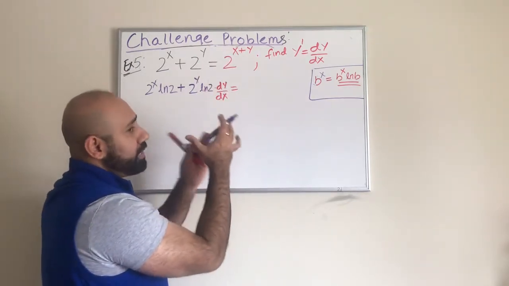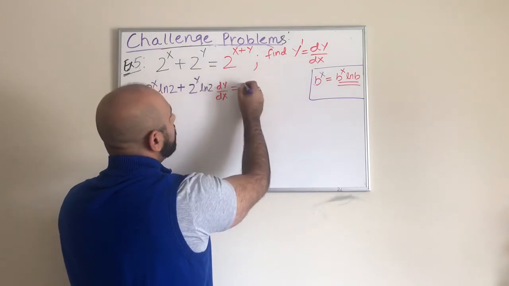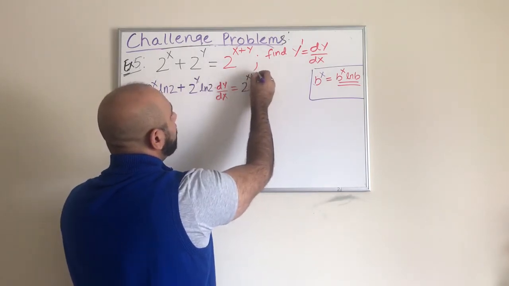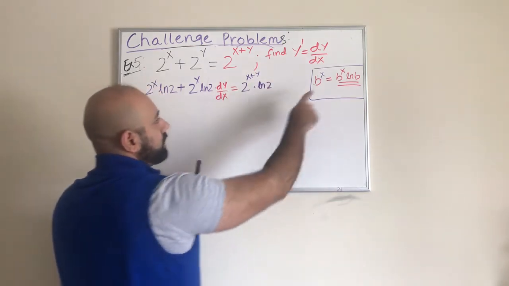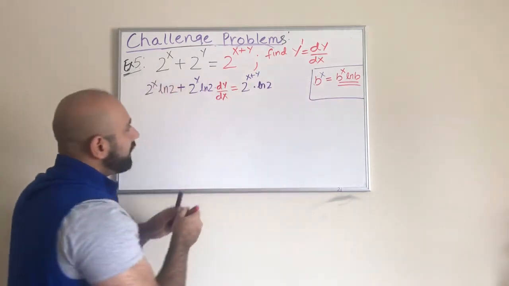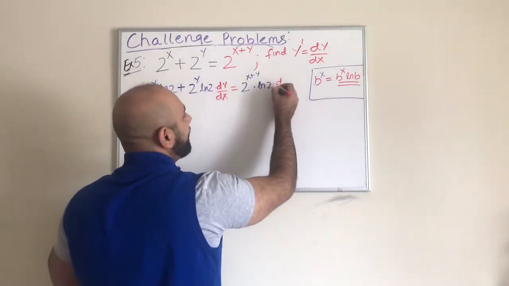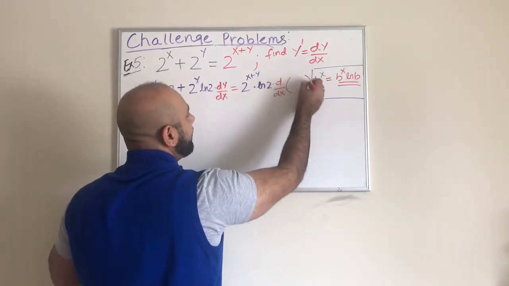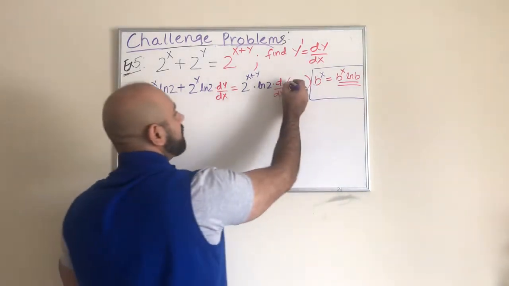So if it is like b to the power x, where b is a constant, we can write the derivative as 2 to the power x plus y first, times the ln of 2, using this basic rule. But again, we cannot just stop right here. We have to multiply by the derivative d over dx of the inner, and the inner in this case is whatever is in the exponent, which is x plus y.